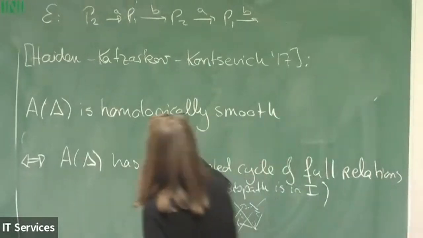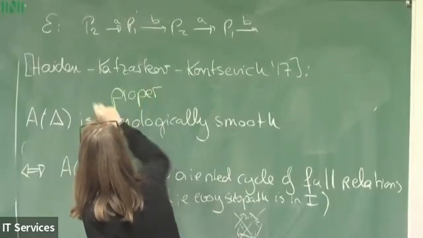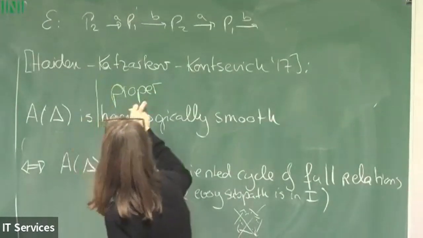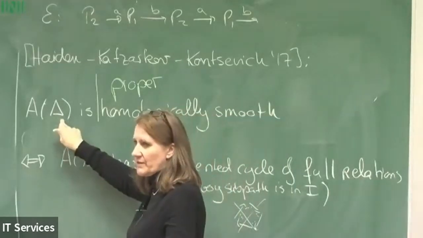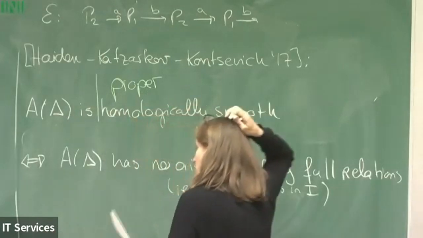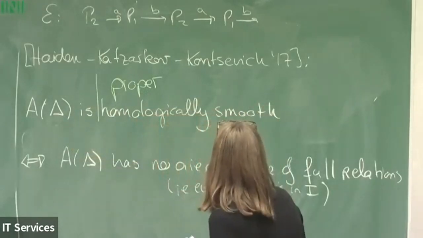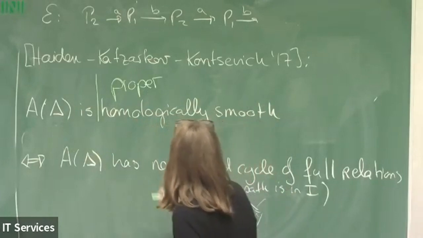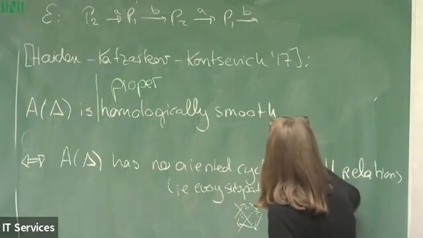And then this algebra is proper, which means that the cohomology algebra is finite dimensional. And actually, if the algebra is concentrated in degree 0, it's the homology algebra itself, and that means it's finite dimensional. And of course, it's not finite dimensional if it has an oriented cycle with no relations.